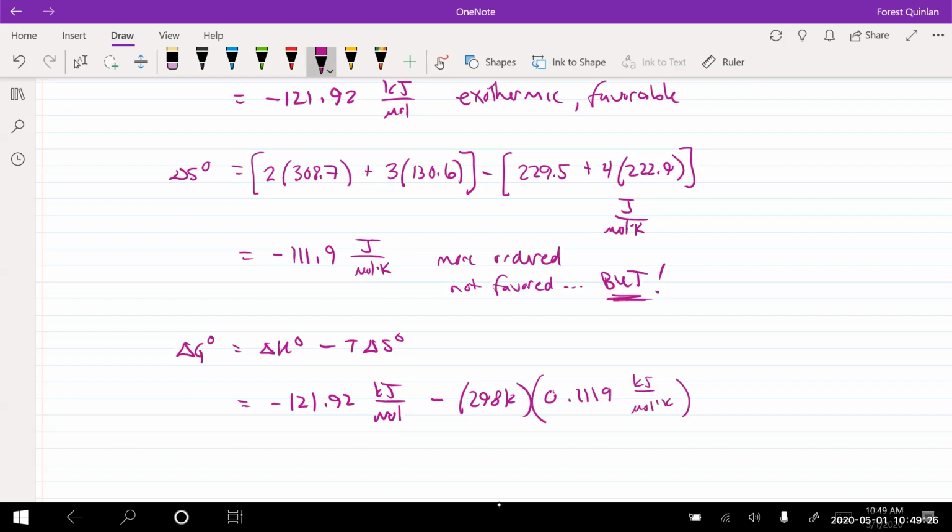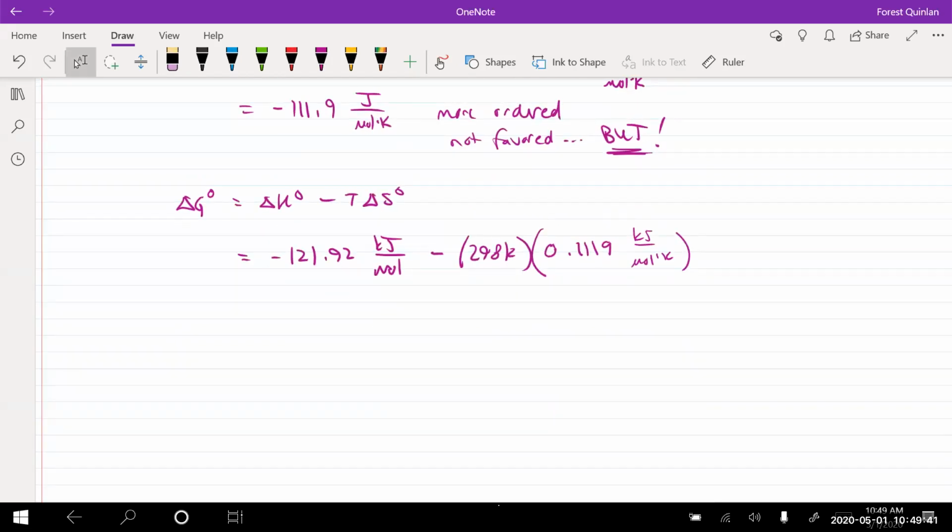So I just want to point out, Dallas, they're different units. And yeah, it's not very favored, but by what? 1,000 times less than that enthalpic difference of breaking and reforming those bonds.